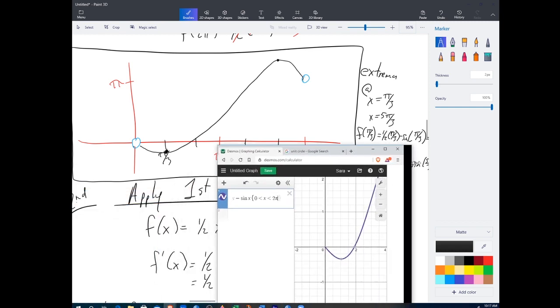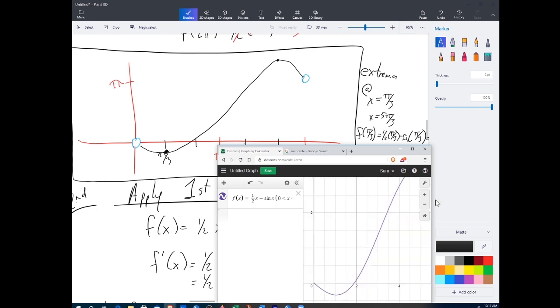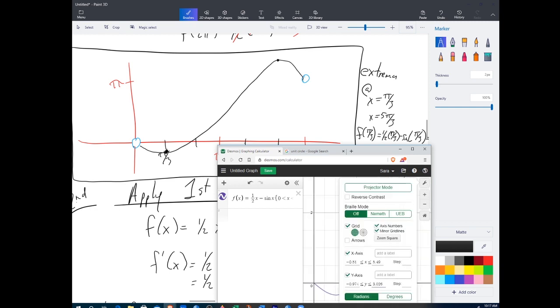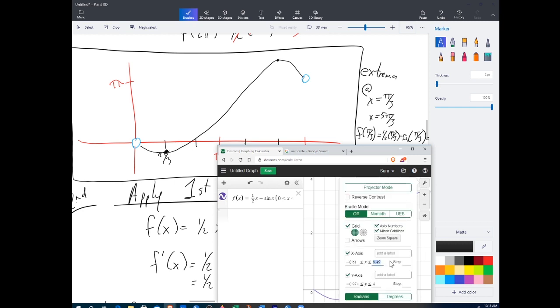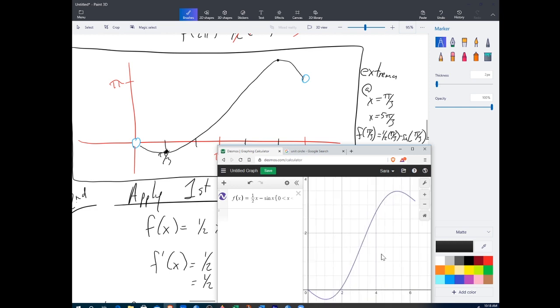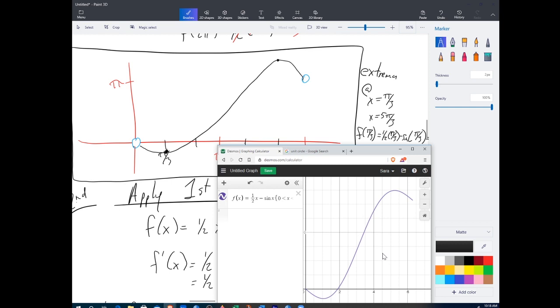And we can check ourselves. Right there.